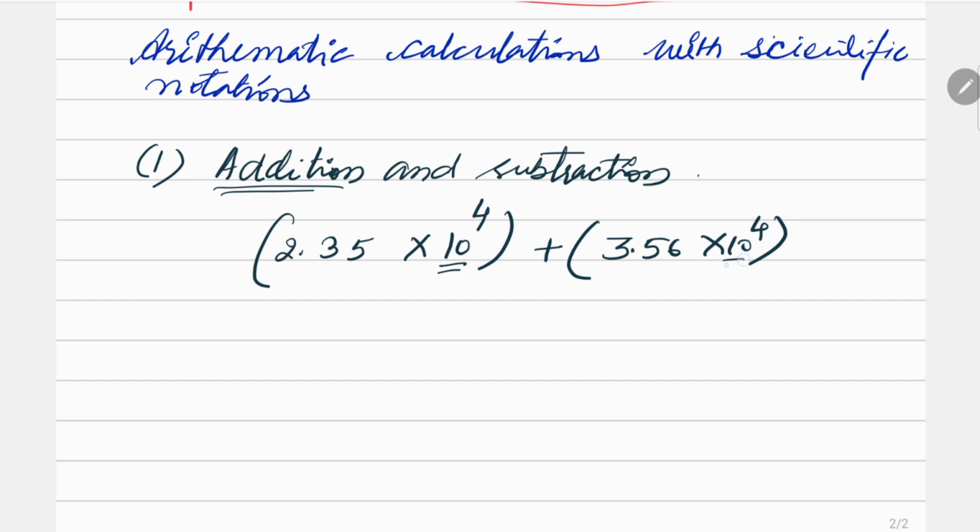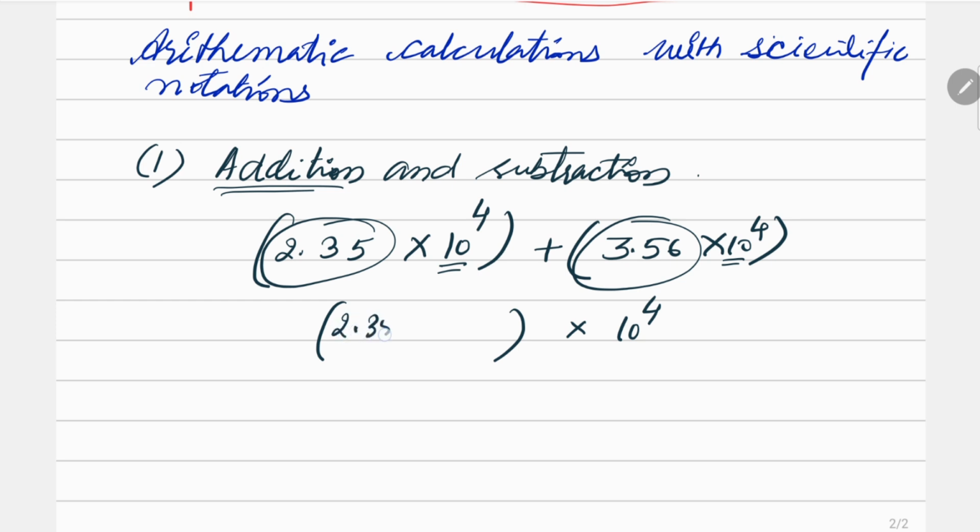The exponent values are the same, so we can take 10 raised to power 4 common, and the numerals are simply added: 2.35 plus 3.56. Let's add them. 5.91 into 10 raised to power 4. So this is how numbers are added if the exponents are the same.